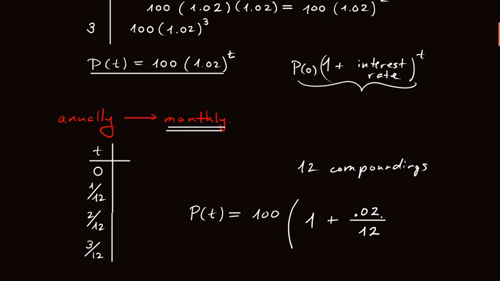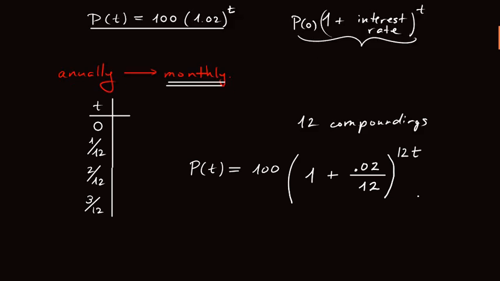Each month, you'll get part of your total annual rate. And then, how many times will you compound? How many times will you multiply? Well, it's no longer just t years, we're doing months. And inside t years, there's 12 times t months. So this is the formula for monthly compounding.